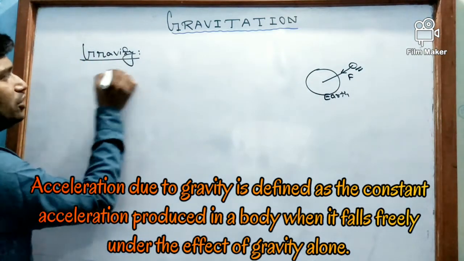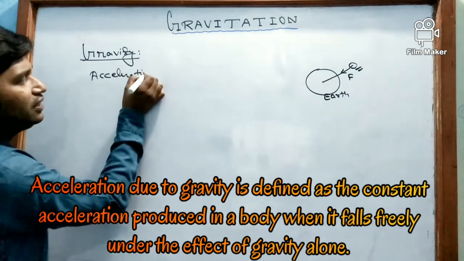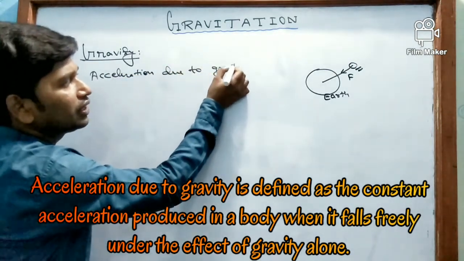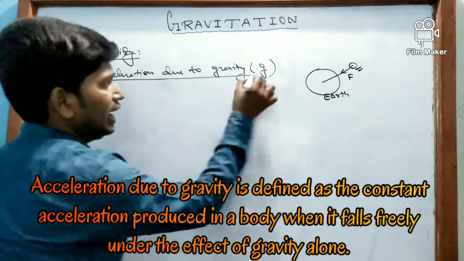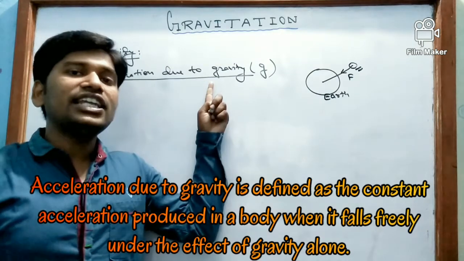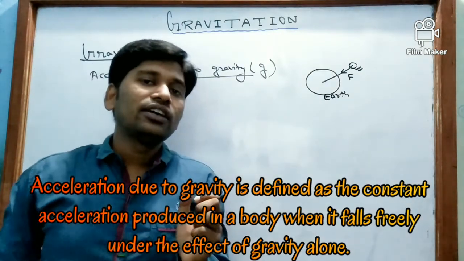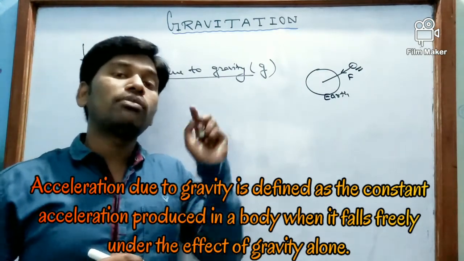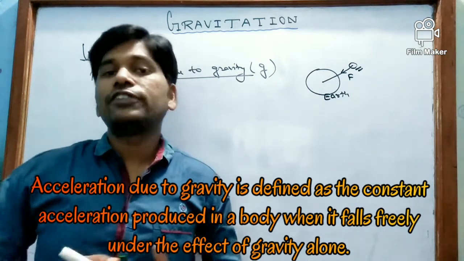So acceleration due to gravity is denoted by a small g, and it is the acceleration produced in a body when it falls freely under gravity on the surface of Earth.